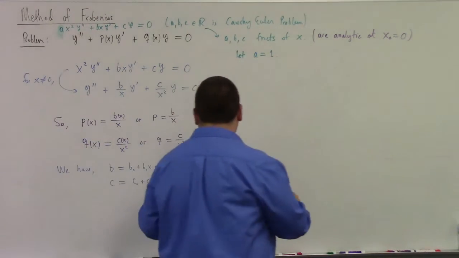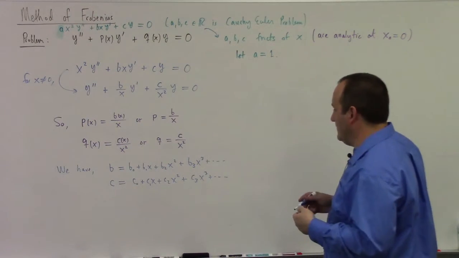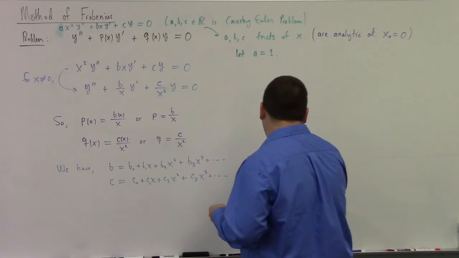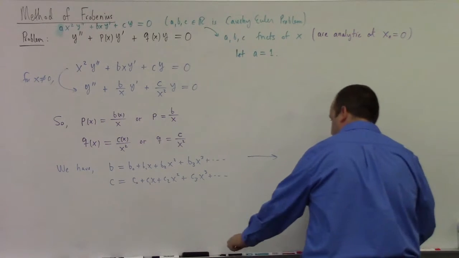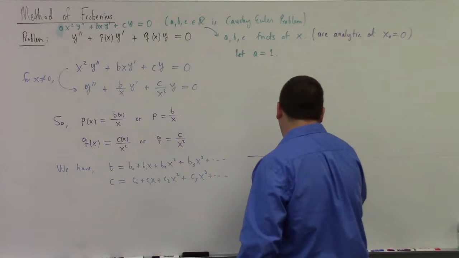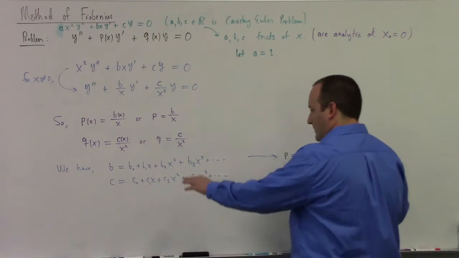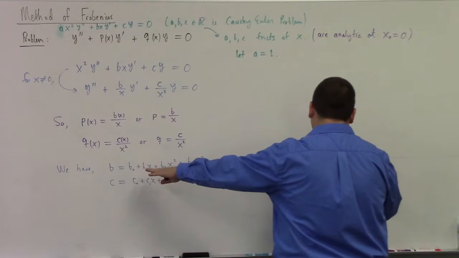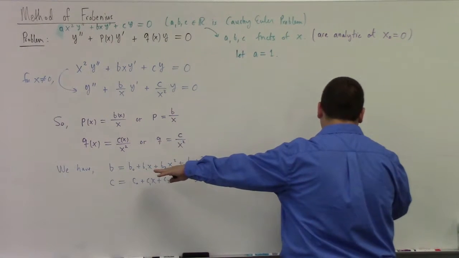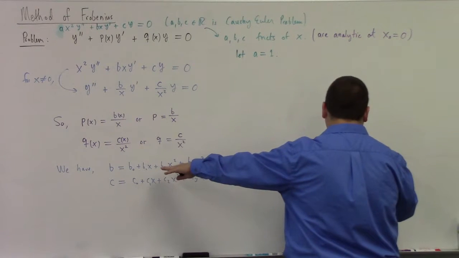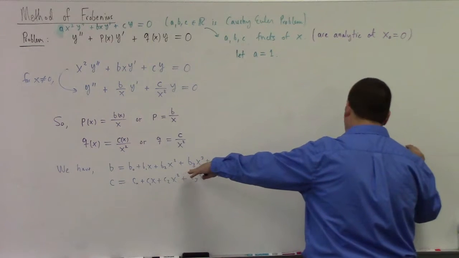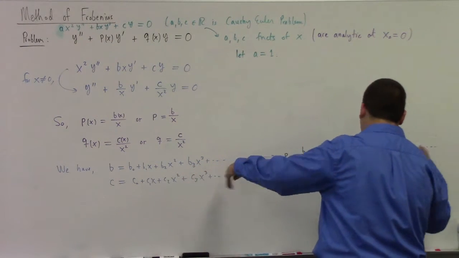So what are the power series expansions for P and Q? Well, P is equal to B over X. So we get B naught over X plus B1 plus B2X plus B3X squared plus dot dot dot.